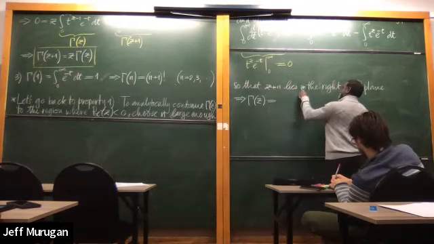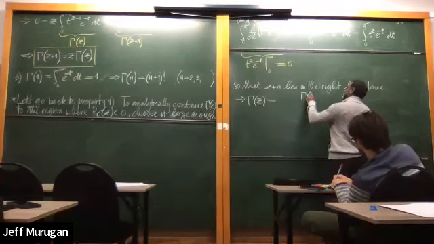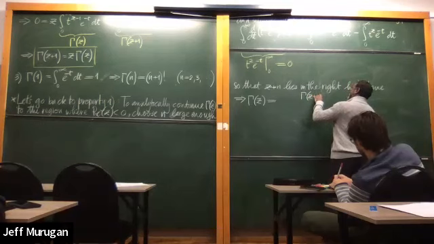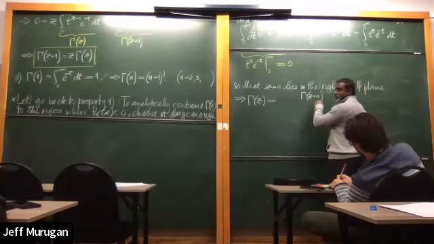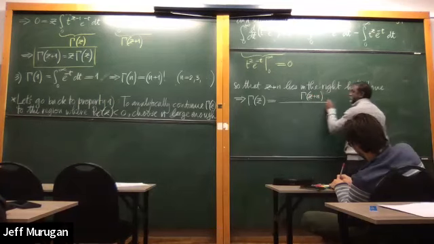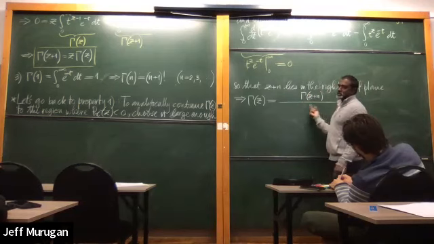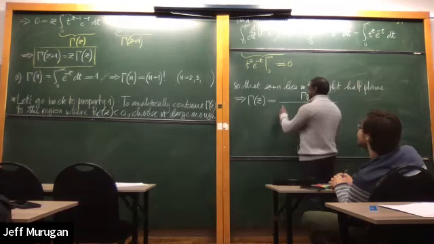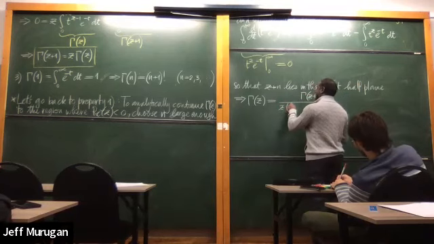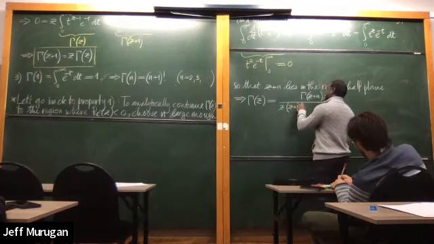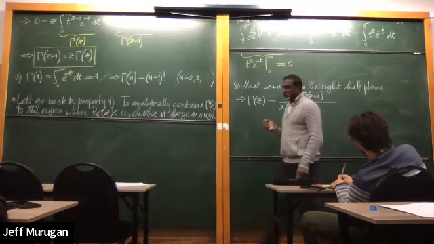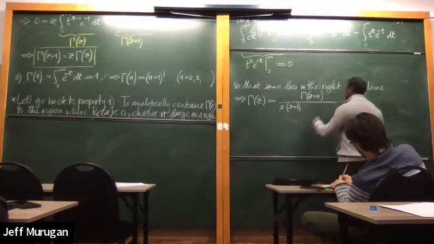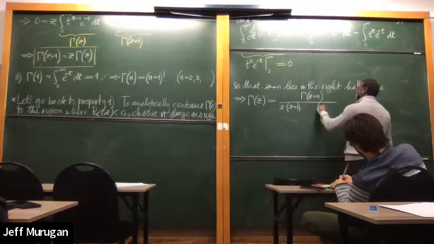Is related to gamma of z plus n. Remember, this guy is perfectly well defined, divided by all of those coefficients that are sitting in front of it. What are those coefficients? They're nothing but z times z plus 1 all the way through to z plus n minus 1.